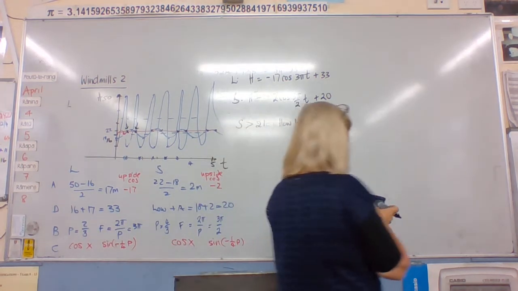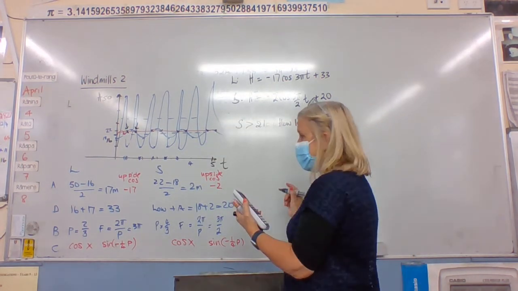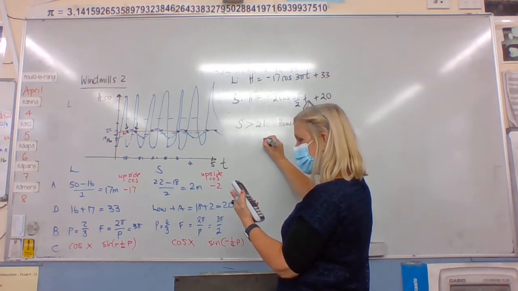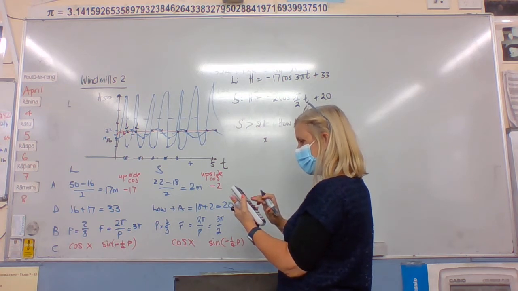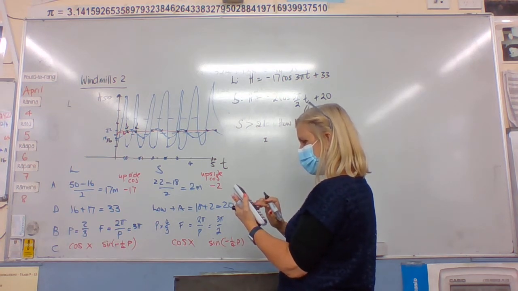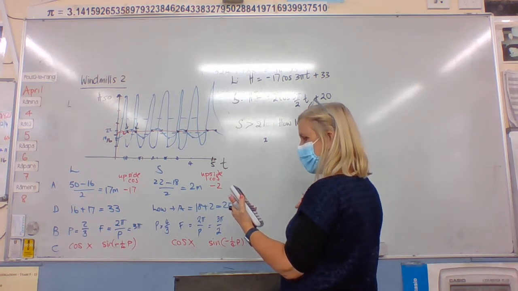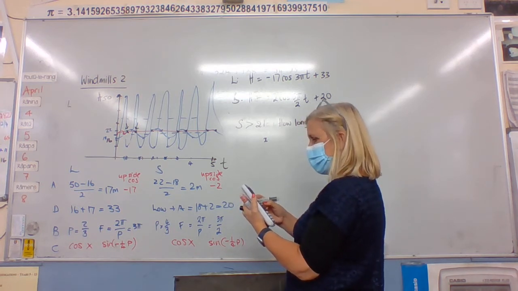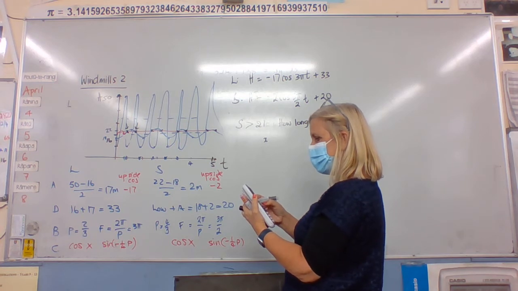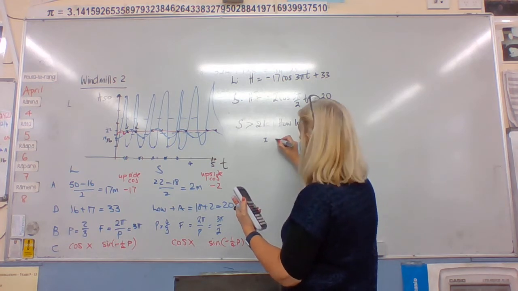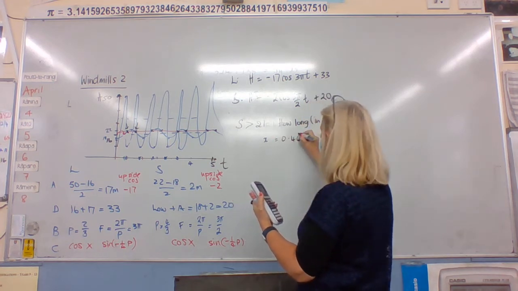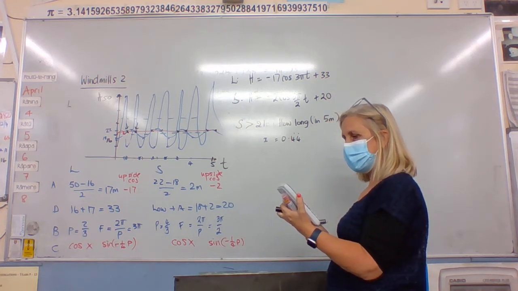So I use Shift G solve, intersection. The first answer is 0.4444, lots and lots of 4s.